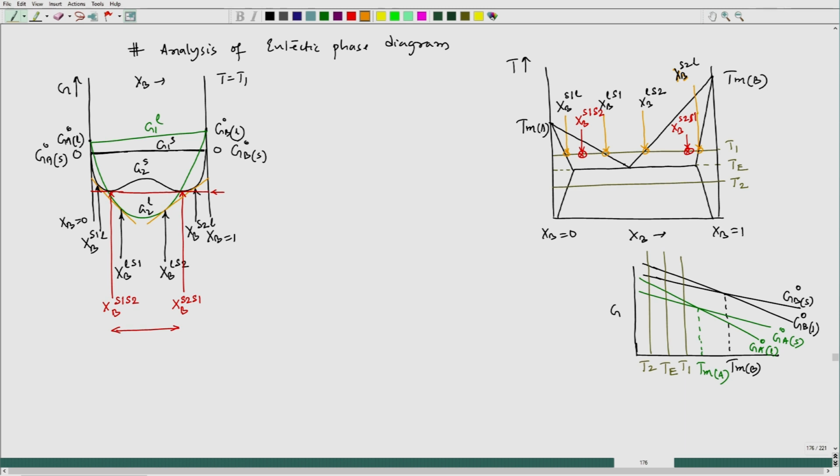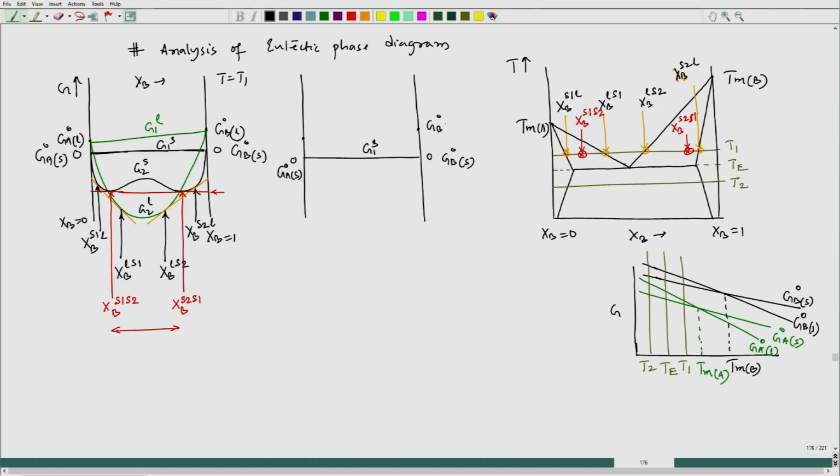So, if I draw the same diagram at T2, this will definitely be G1S 0, GB naught S, GA naught S, and this will widen a bit.